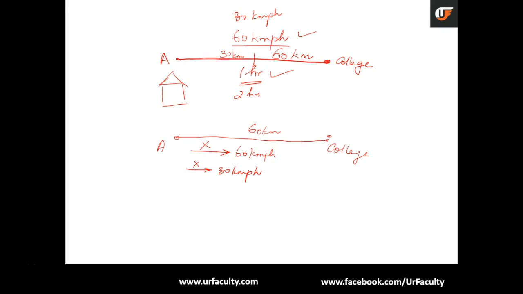Now, it's very simple. After 1 hour, you would have reached college, because you would have traveled 60 kilometers. Whereas your friend would have traveled just 30 kilometers after 1 hour. So he would have just reached the center. Then what is the difference between your distance and your friend's distance? Mr. X and Mr. Y, I'm sorry. It is 30 kilometers.